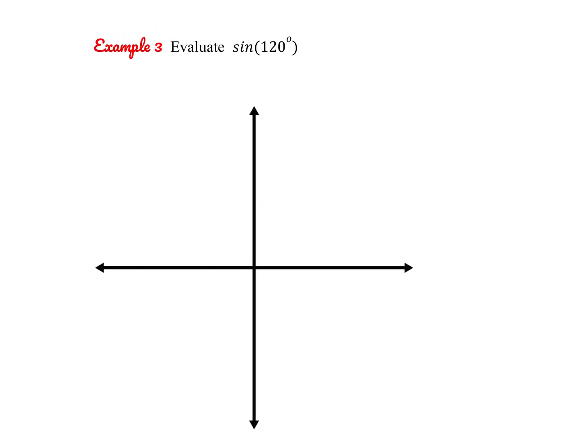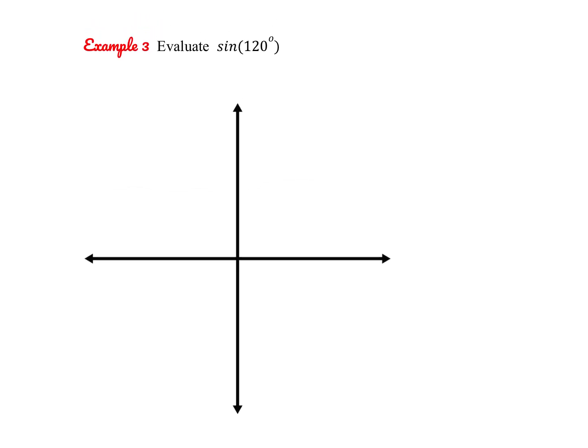All right, let's give one of these a try. So we want to find the sine of 120 degrees. Step 1 was to draw in the angle. So we know that this is 90 degrees. We know that this is 180 degrees. So we know that 120 is somewhere over here in quadrant 2.